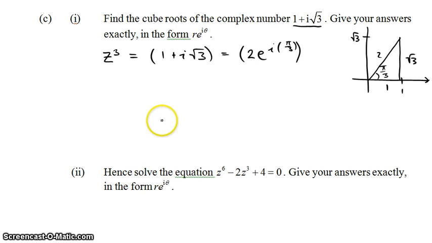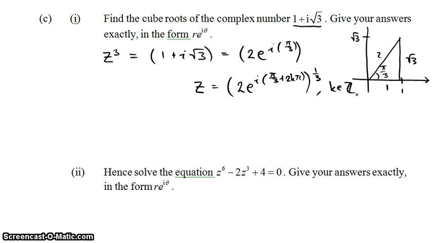So I can write z is equal to 2e to the i(pi upon 3 plus 2k pi) to the power of 1/3, and k is an integer, right? So what does that give me? This gives me z equals the cube root of 2 e to the i(pi upon 9 plus 2 upon 3 k pi), where k equals what?